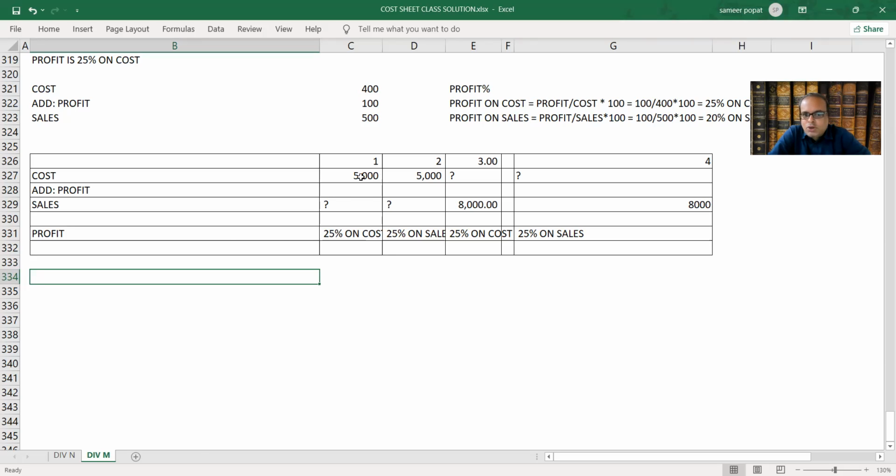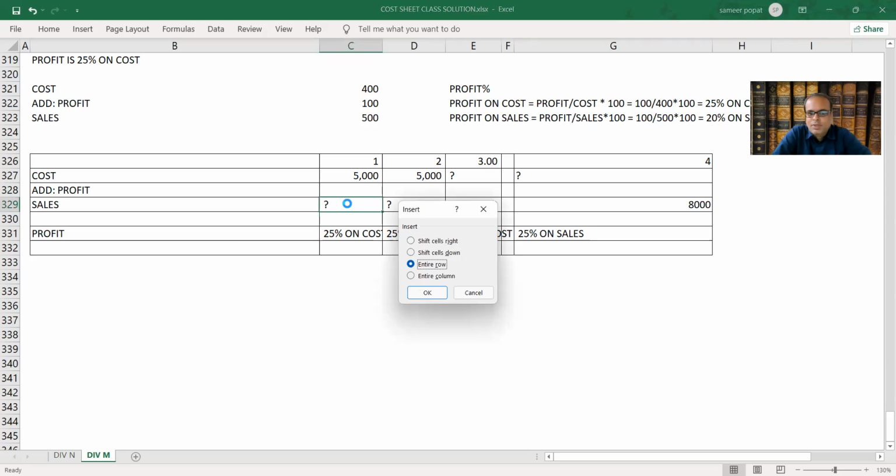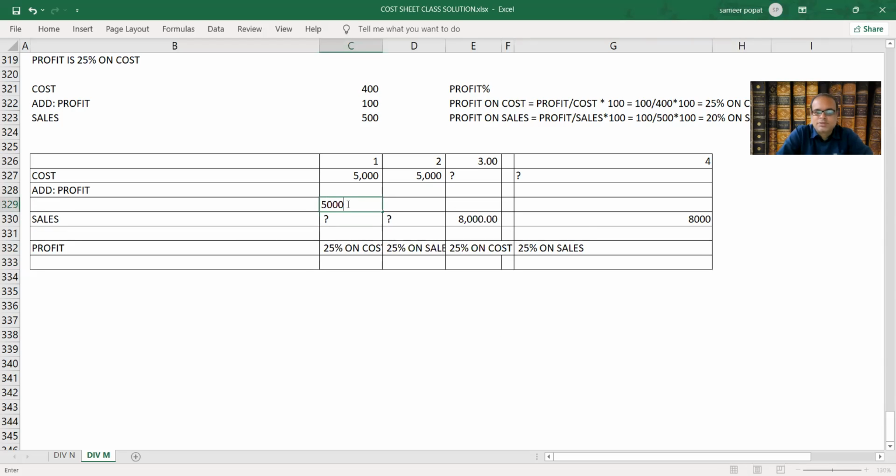So do we have the cost amount here in the first case? Yes, sir. So the cost amount is available. So on 5,000, 25% would be the amount of profit. So 5,000 into 25% is your profit. So it would be 1250.